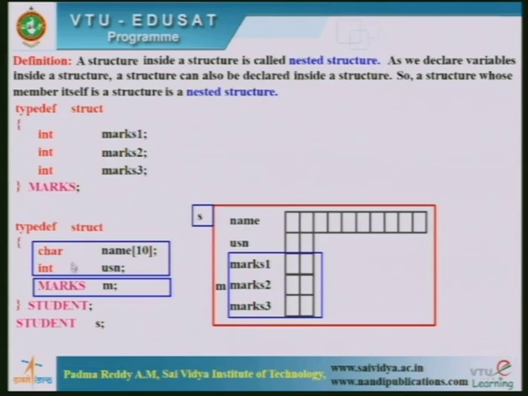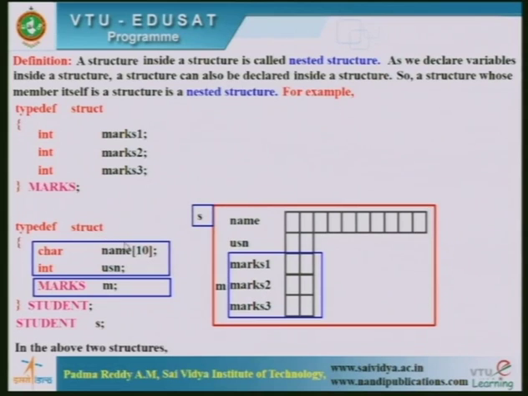This structure is inside another structure, so we call this as what? A nested structure. I hope we understood what is the meaning of a nested structure. For example, this is a nested structure.